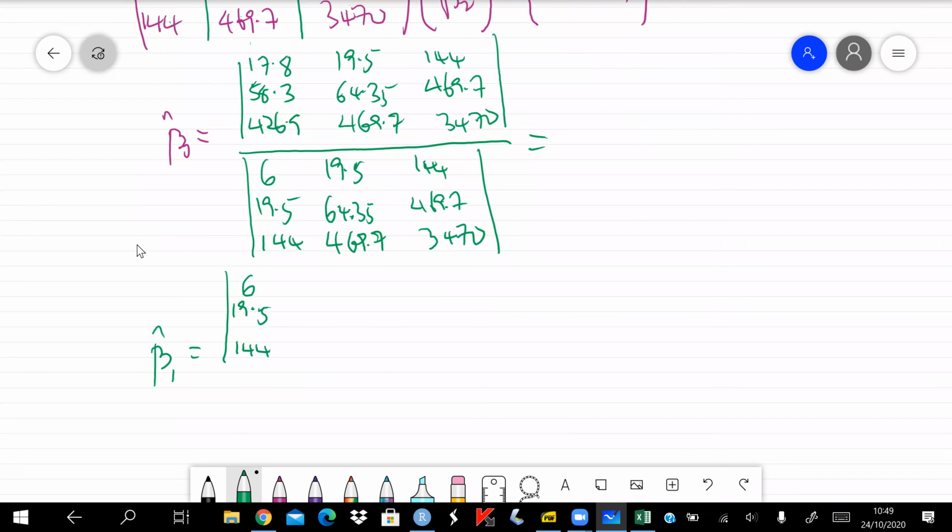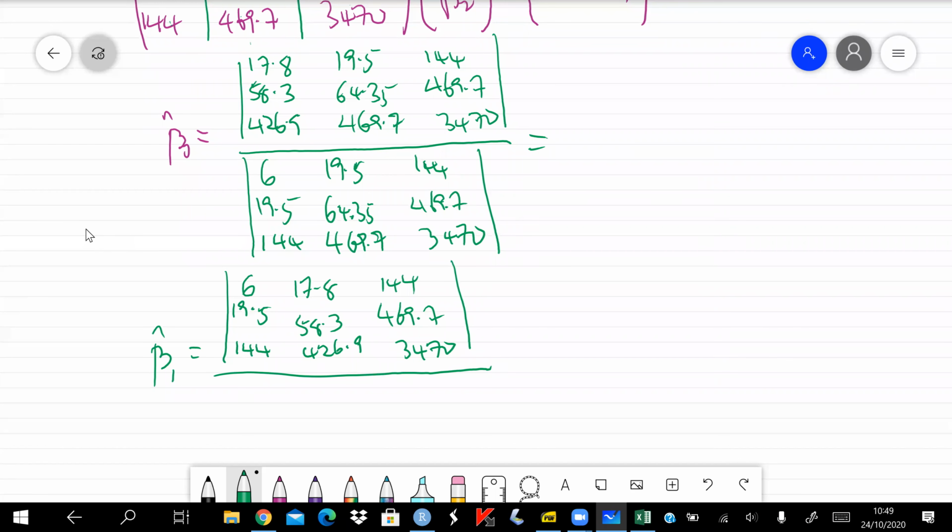And now here I have 17.8, 58.3, and 426.9. Then finally here I have 144, 469.7, 3470. That's the numerator divided by, for simplicity, the determinant of A, which is the same as these.